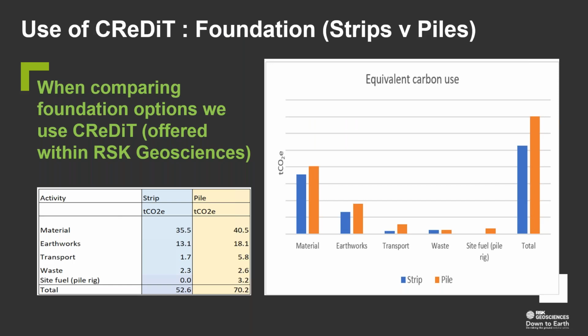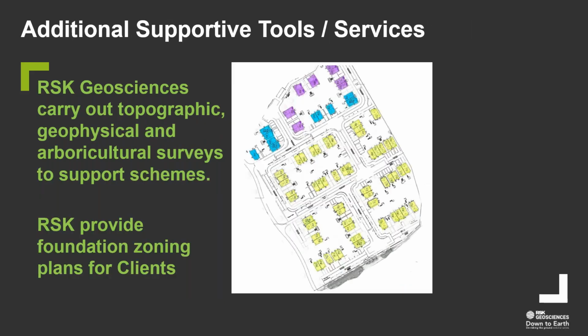Just to make you aware that this is something now being offered within Geosciences, the credit method of assessing carbon for different types of foundations, and there's almost like a break-even point at a certain depth where strips will become unviable from a carbon scoring perspective instead of piles. There are ways in which one can assess on a site-by-site basis what the carbon scoring is for the different foundation types, and that's something we're really keen to do more work on with different developers.